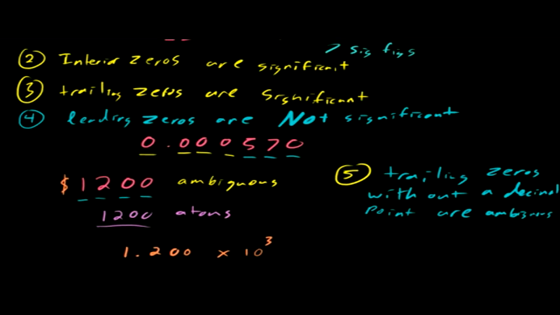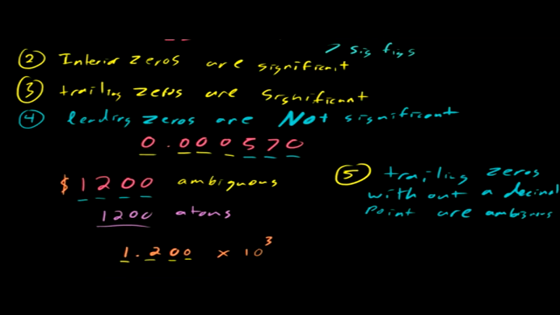Because now we've written this out so that every single digit we write before we multiply times 10 to some power is going to be a significant digit. So if we knew that we had all four significant figures in our figure for 1200, we would say this is 1.200 times 10 to the third.